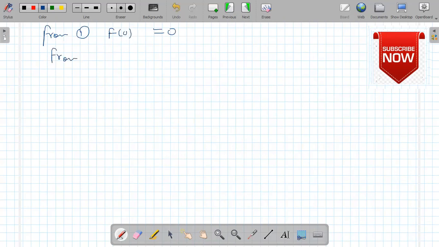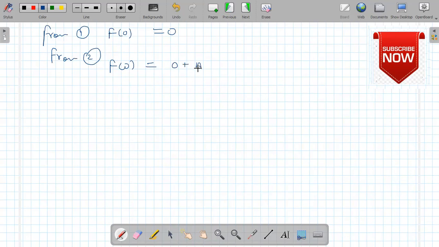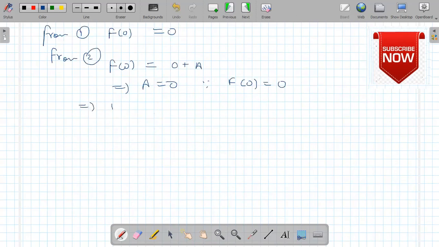From equation number 2, f(0) is equal to 2 upon pi into 0 plus A. A is equal to 0 because f(0) is 0. So the value of f(x) is 2 upon pi tan inverse x upon a.